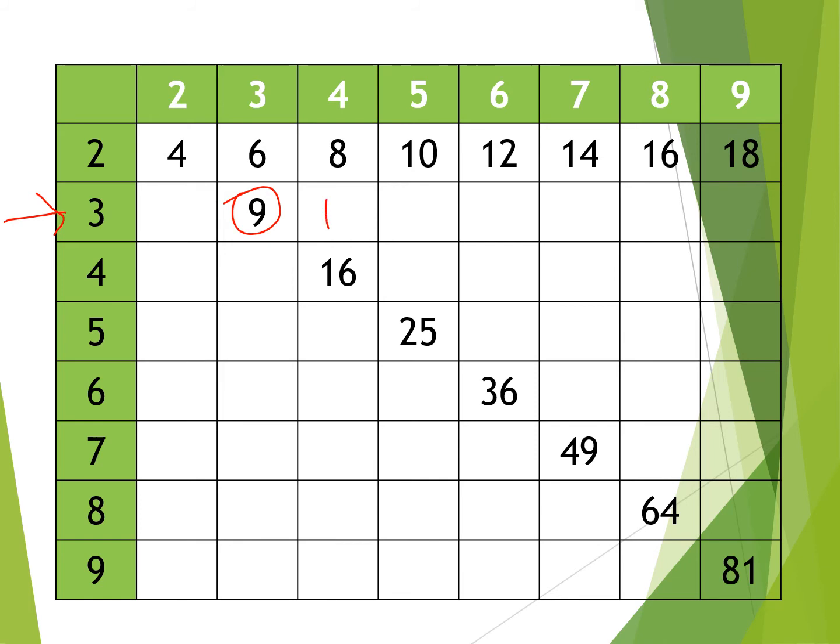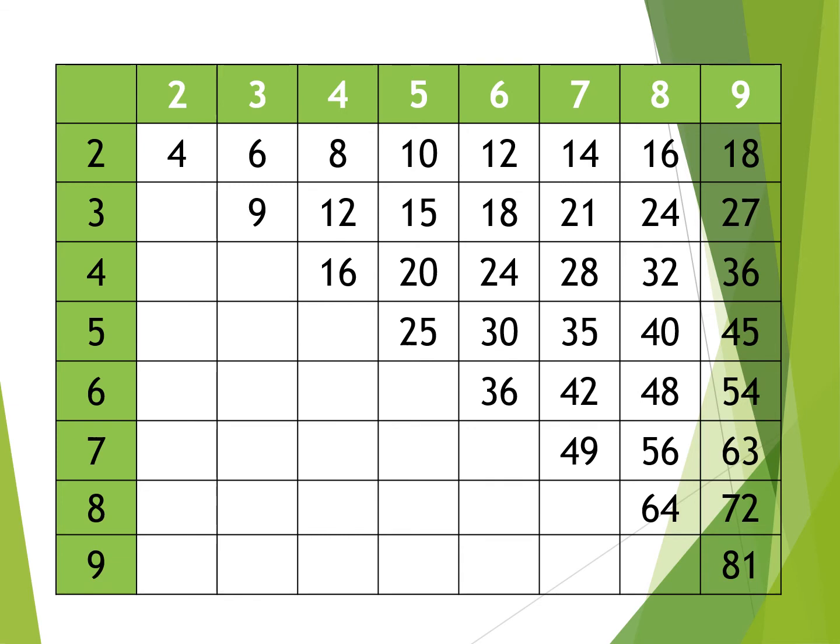It's 12, right? 12 plus 3 is 15, 15 plus 3 is 18, 18 plus 3 is 21, 21 plus 3 is 24, and then finally 24 plus 3 is 27. So we complete the table like this.